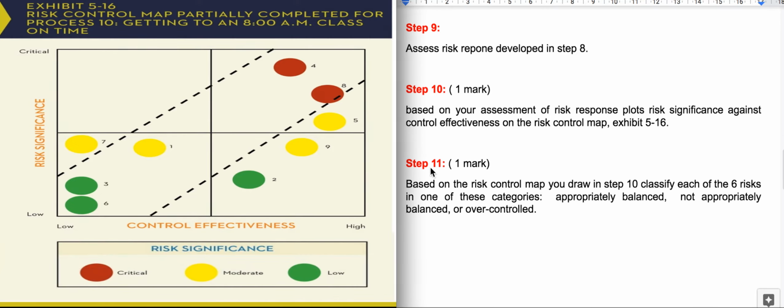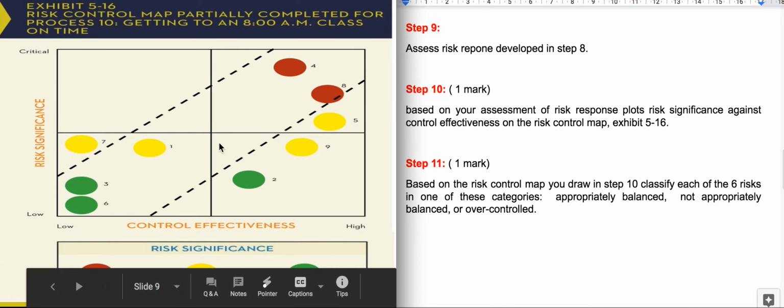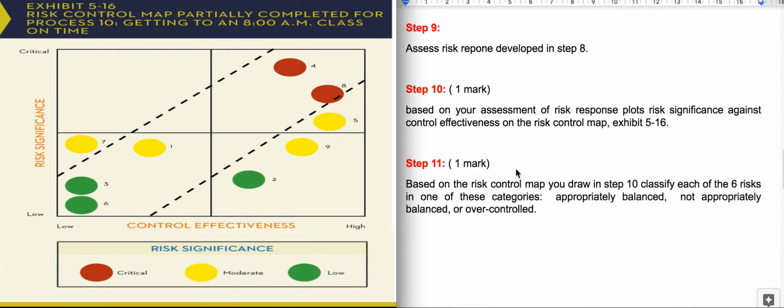And then in step 11, based on this assessment, you need to select which of the 6 risks are appropriately balanced, which are not appropriately balanced, and which are over controlled. You can remember them from my explanation.